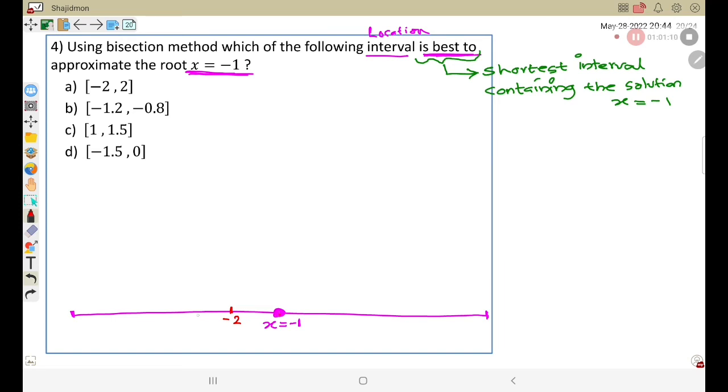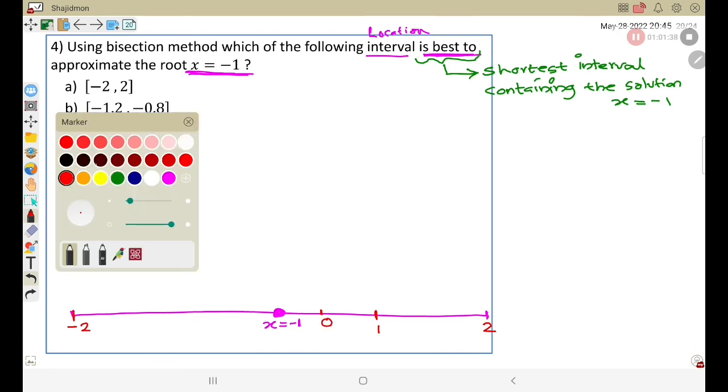No need for minus 3, because minus 2 is the maximum. So I am marking a little wide. Here minus 2, here 2, here I am taking 1, and somewhere 0 also you can mark here for your understanding.